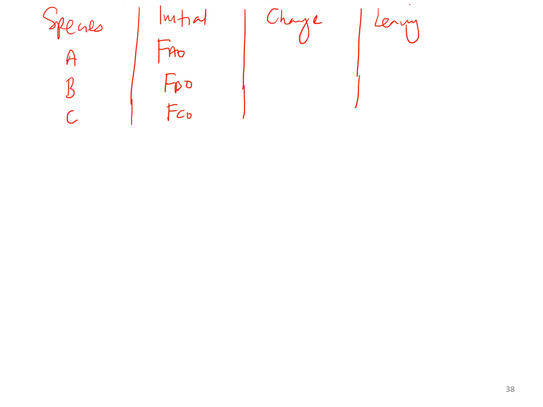The change will be negative FA naught X, and for B here it is minus 2 over 3 FA naught X, and for C, 1 over 3 FA naught X, the product formation. The living one you have to make as a concentration.